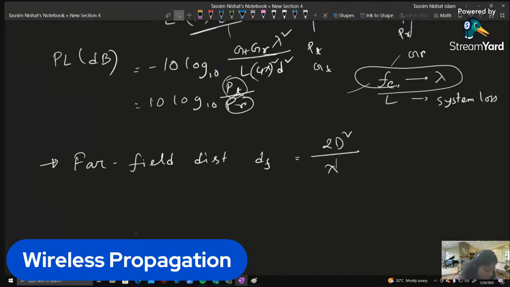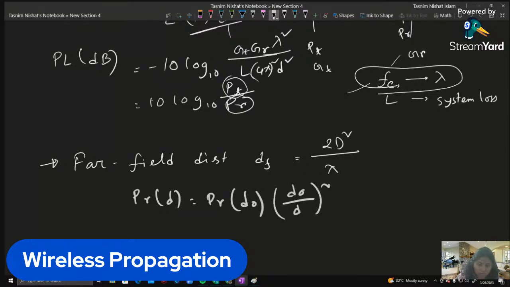This is far field distance, and we can rewrite this PR(d) equal to PR(d0) times d0 by d whole squared.